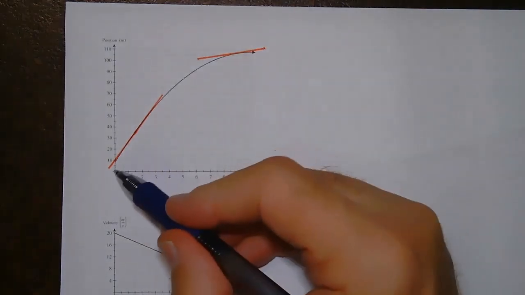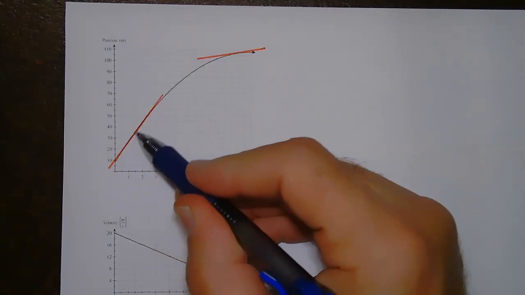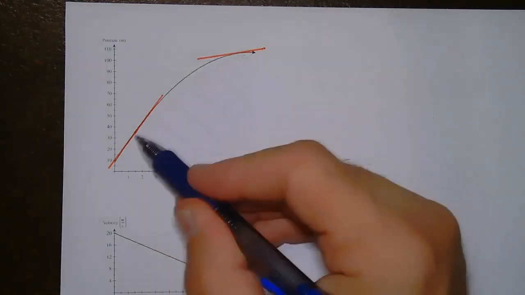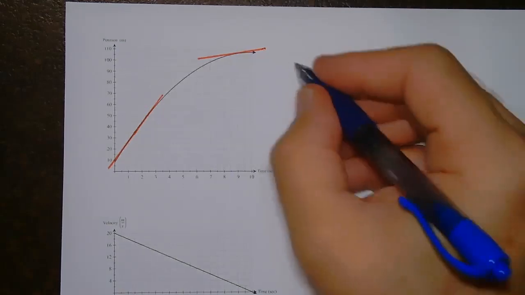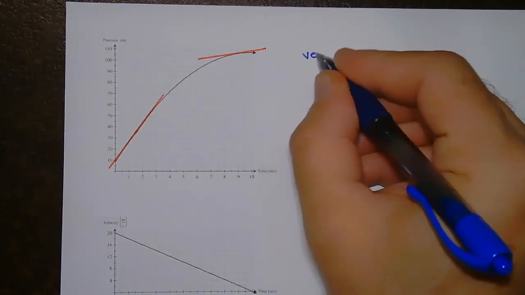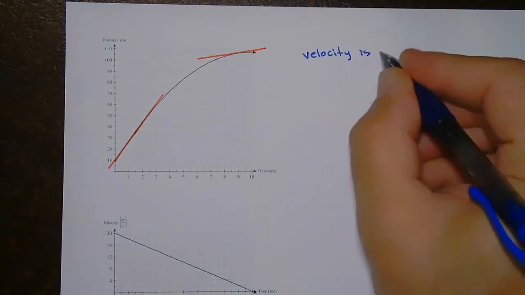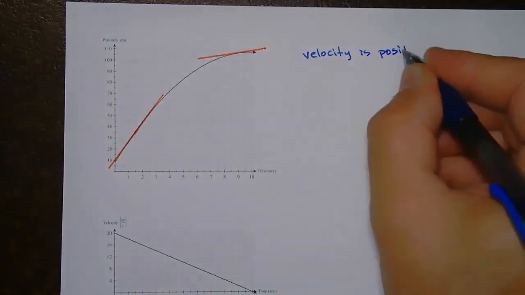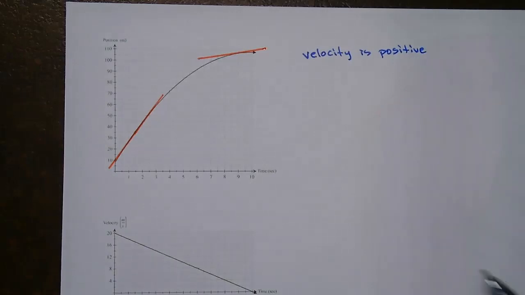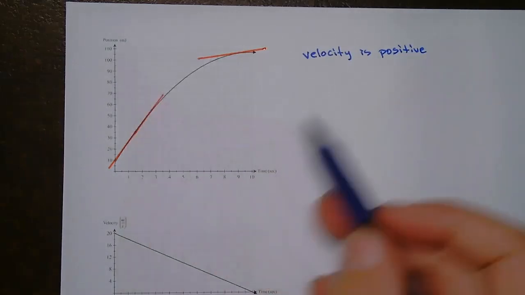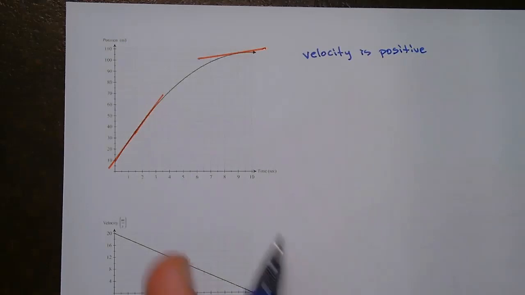Again, because the position is increasing, I know the velocity is positive. If it was decreasing, then the velocity would be negative. And you can still have velocity that's negative and still have the bending.